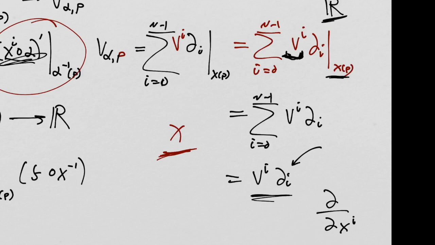And if you change your basis, if you change the coordinate system, remember, if you change the coordinate system on the manifold, then you change the nature of these derivatives.